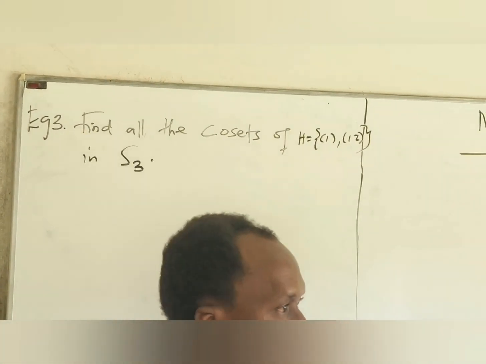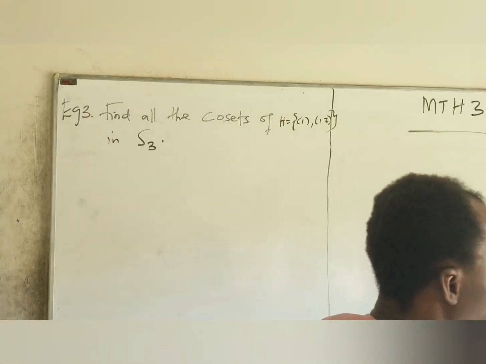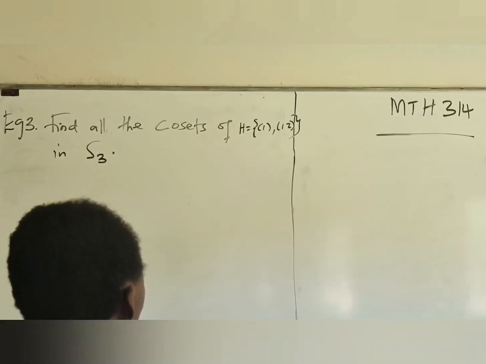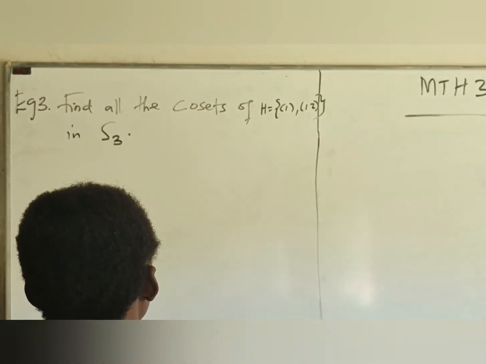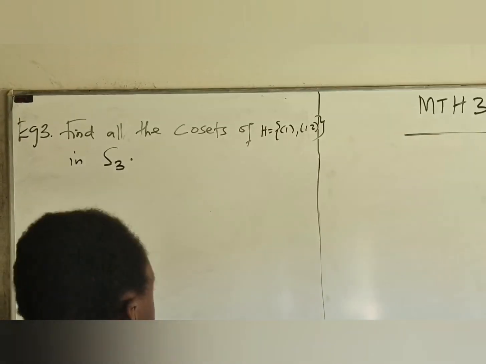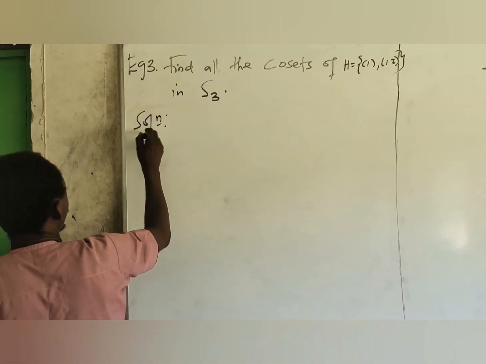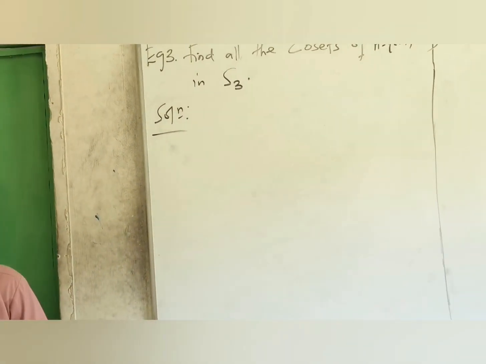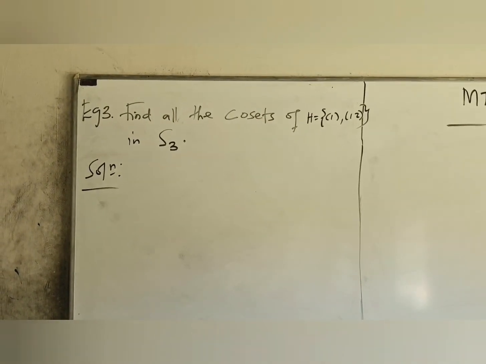Find all the cosets of H, 1, then 1, 2 in S3. Now, pens out, everybody. I want us to do it in 2 ways. We are going to do it in 2 ways. You'll be moving up and down.